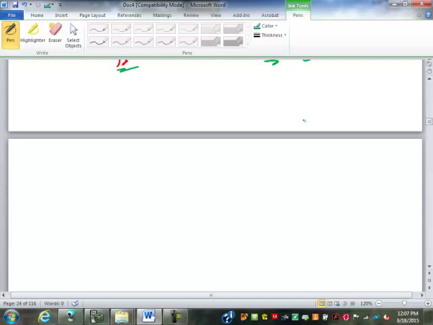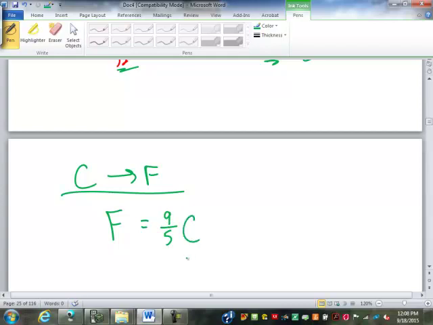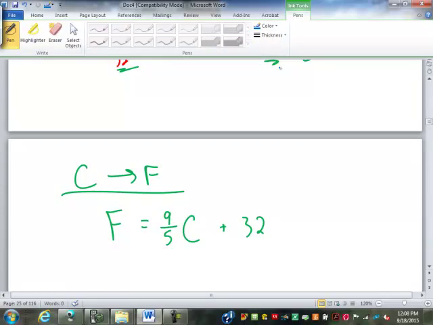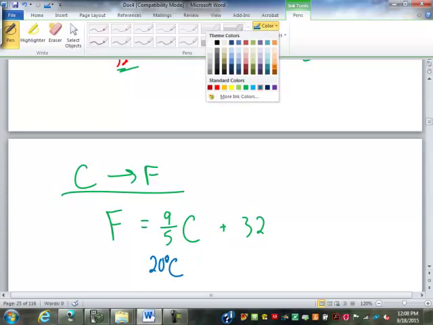So when we're making our conversions, if we're going from Celsius into Fahrenheit, our degrees Fahrenheit is equal to 9/5 times our degrees Celsius plus 32. So let's say we have a 20 degrees Celsius day. The weatherman says it's going to be 20 degrees Celsius tomorrow. Is that a nice day?